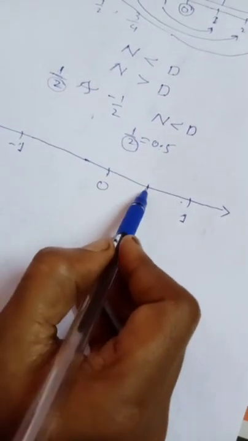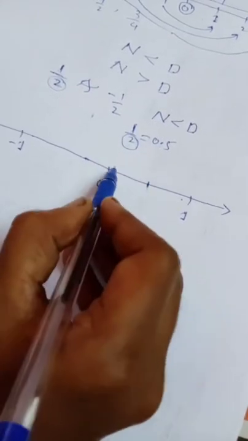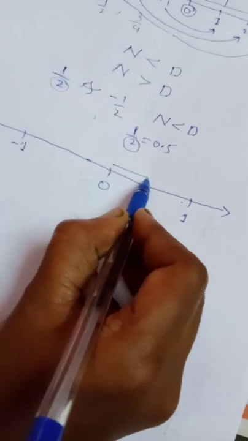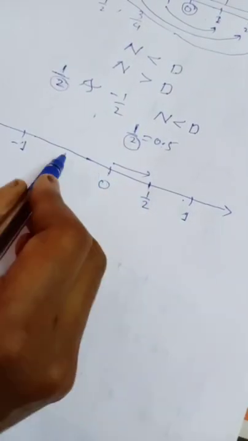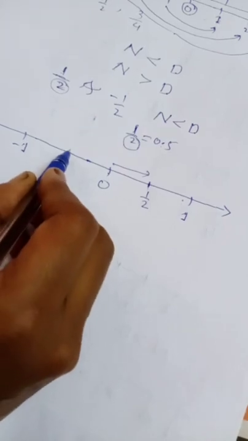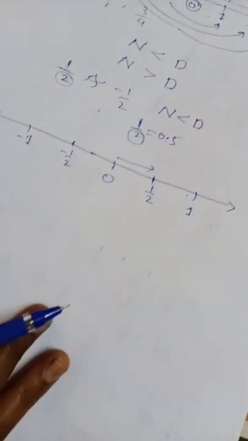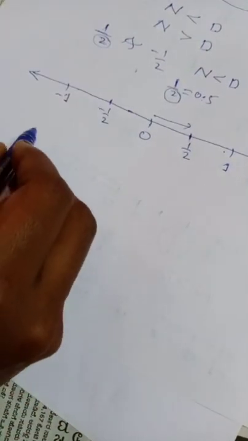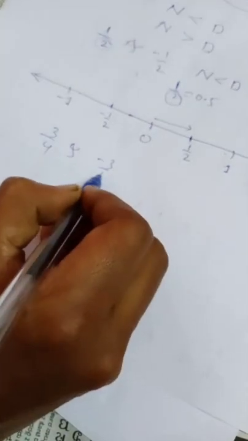Starting from 0, the numerator is 1, so we plot only one part, and that is nothing but a half. Same for this side also. So this is -1 by 2. Got it? We'll see one more example, 3 by 4 and -3 by 4.